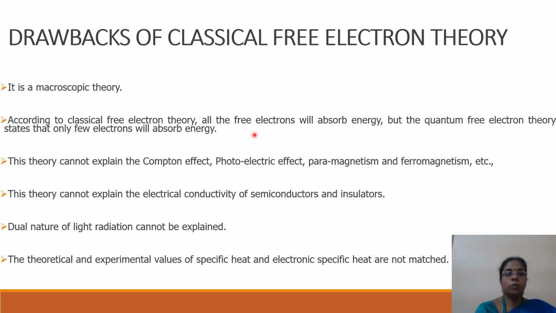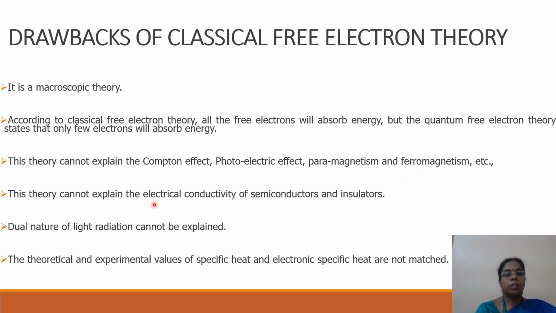Now let us go into the details of the drawbacks of classical free electron theory. First point, it is a macroscopic theory. Next, according to the classical theory, all the free electrons will absorb energy, but it is not so. According to the quantum free electron theory, only a few electrons will absorb energy. Next, it could not explain the Compton effect, photoelectric effect, paramagnetism and ferromagnetism.